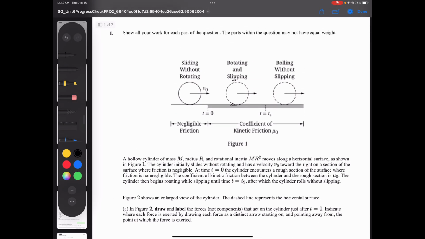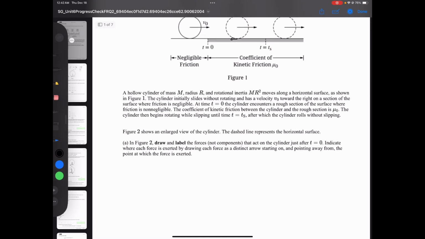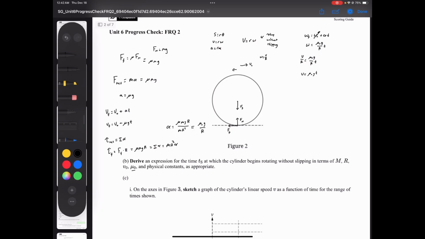It's going to be slowing down, so v naught is not equal to the velocity at ts. I'm going to rewrite this as v naught minus mu g times t, the expression I came up with over here.